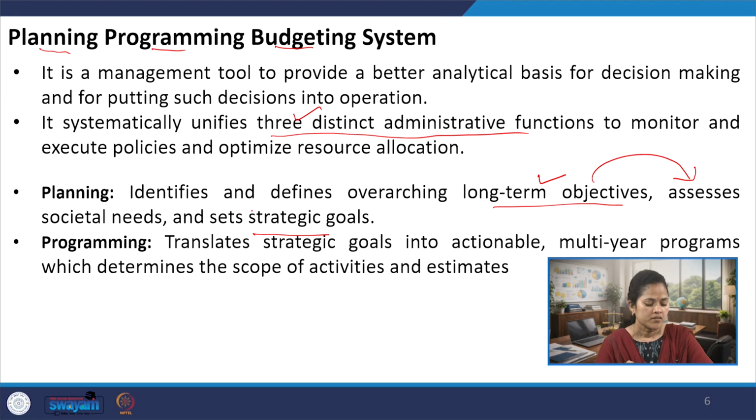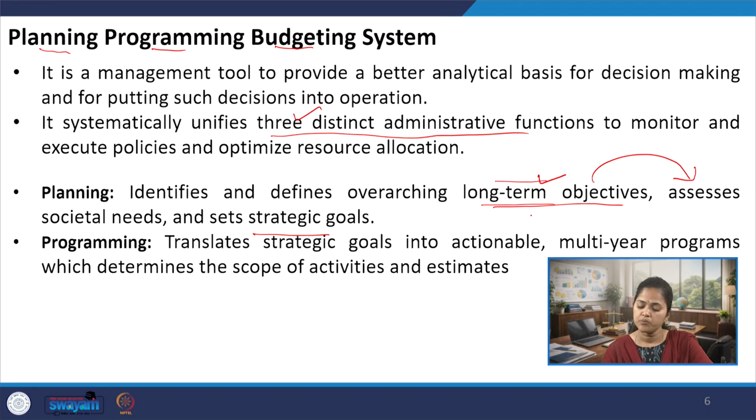Then the second aspect of this managerial approach is programming. So, what is this programming? Programming is something like you need to take actions in a strategic way. The strategy should be goal oriented and actionable. So, programming translates the strategic goals into actionable and multi-year programs, because we have already emphasized that the objective should be long term.